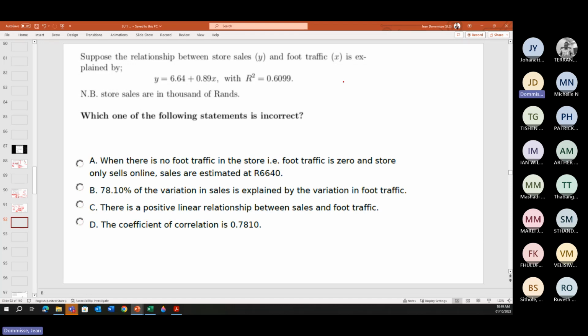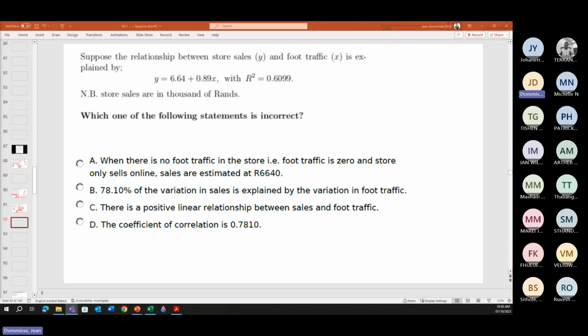So a question like this is very much linked to definitions, the definition linked to a value.